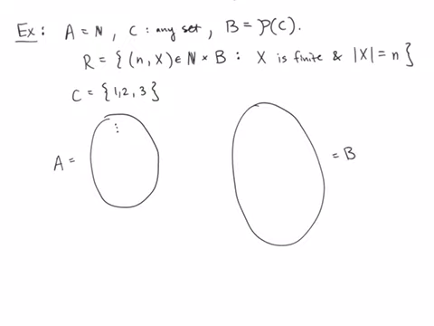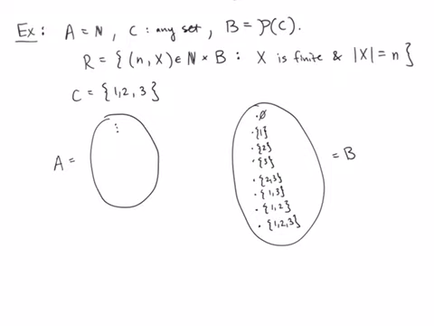So B is the power set of C, so we have the empty set, we have the sets containing all of the single things, we have the sets containing all of the pairs, so the set excluding 1, the set that excludes 2, and the set that excludes 3, and then the set that excludes nothing. So that's everything in our power set of C, which is B.